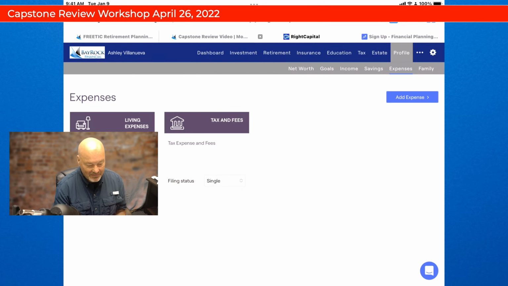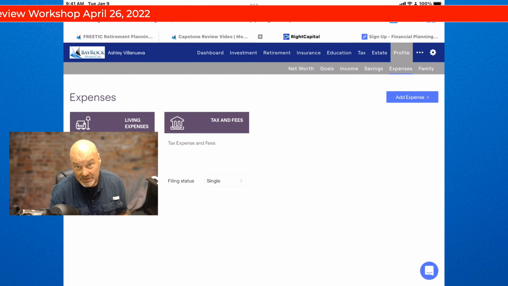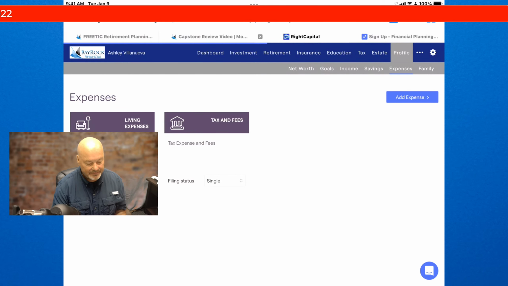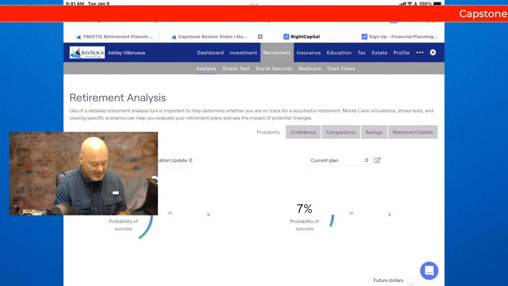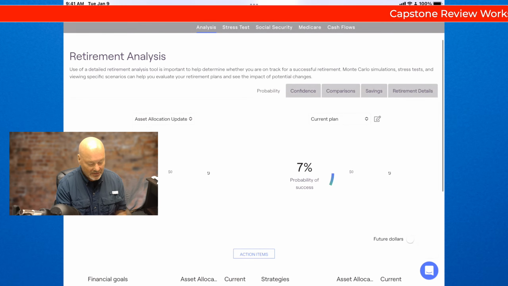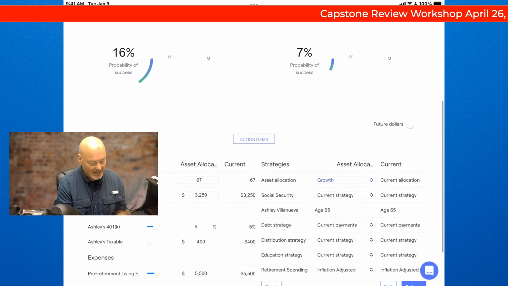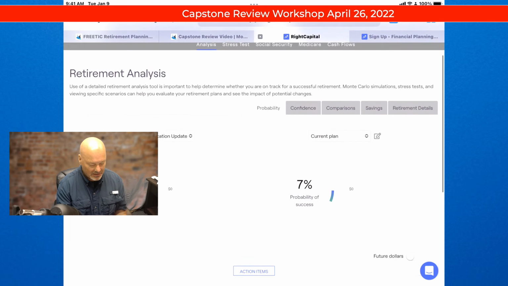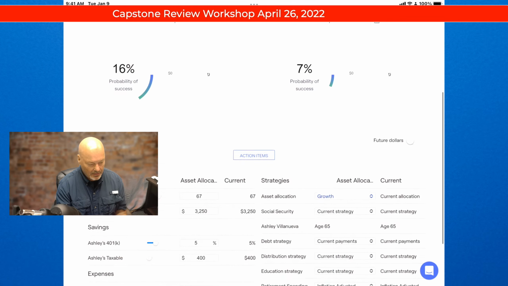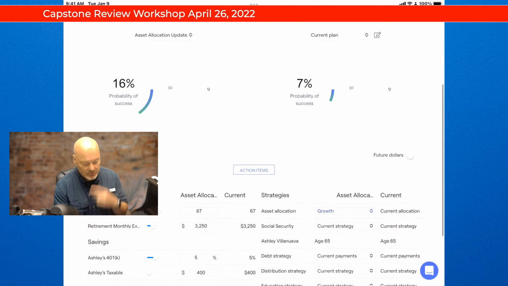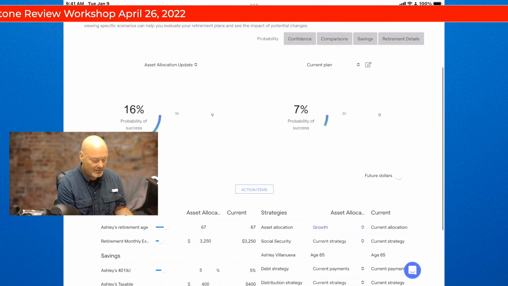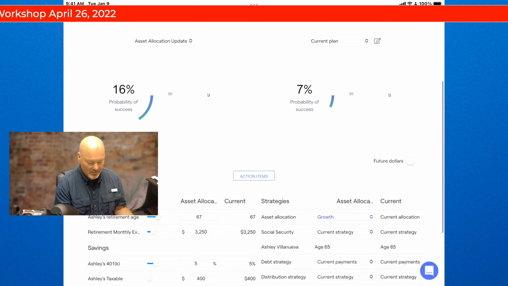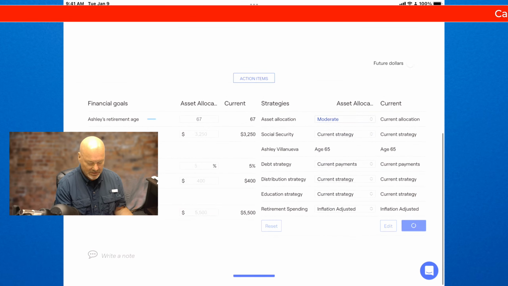So now when I save that, a more realistic level of expenses for Ashley, and then I go to retirement and hit the analysis, now we have a different probability of success. And I'm wondering why it's not showing the number there. Usually it shows the amount left over. Let me see if I can make that change.